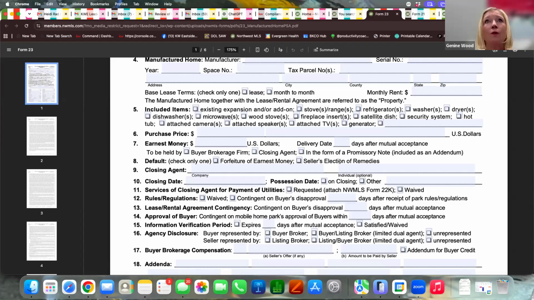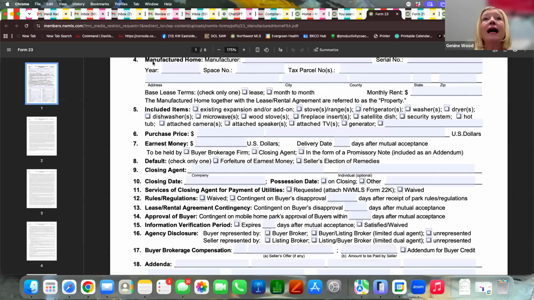So if you use Form 21 for a leased land manufactured home, now you will use a Form 21 for non-leased land. So fee simple owned land, you will use a 21 for manufactured homes. But if you use a 21 in a manufactured home park and the buyer wants to get out, they will have every right to do so, because the one thing a seller cannot do is offer marketable title, because there isn't title, because it's a manufactured home on leased land with no legal description.